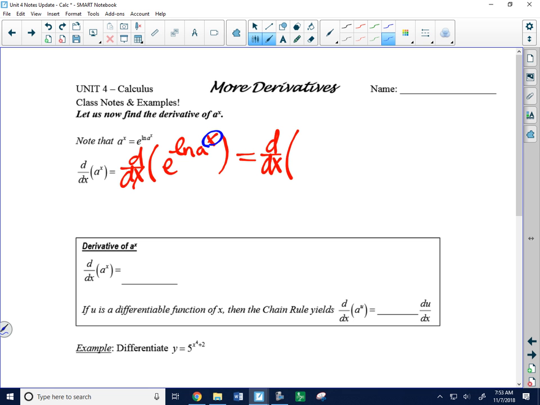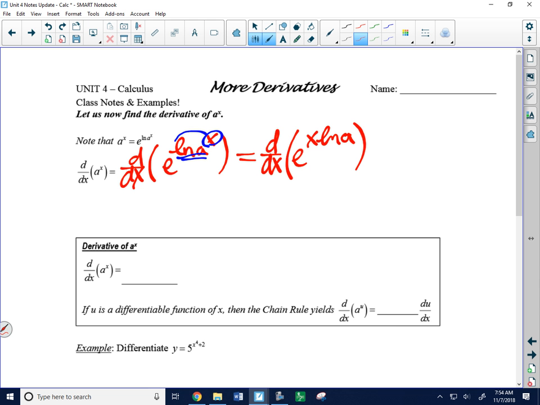A property of log says that if there's an exponent, we can bring it down in front. So in this expression, ln of a to the x, I'm going to bring down the x in front of the ln a. That's just a property of logs: bring the exponent down.